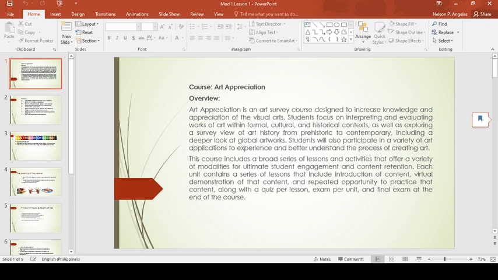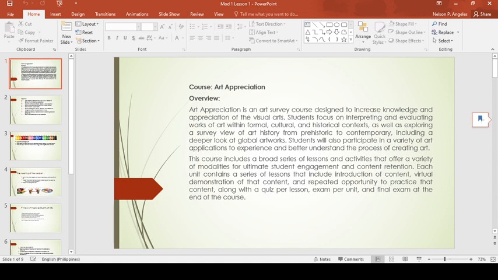Okay, let's begin with art appreciation. To give you the overview, art appreciation is an art survey course designed to increase knowledge and appreciation of the visual arts.